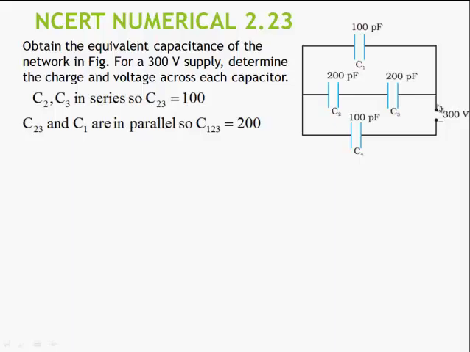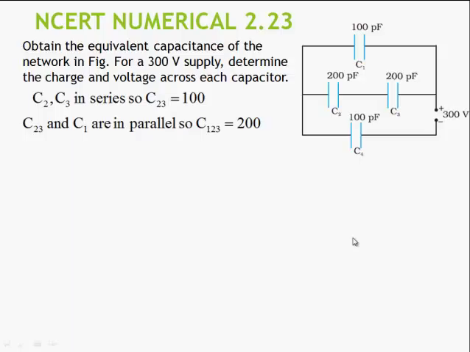Had this line been straight, these two would have been parallel. In another way, you can mentally take this negative terminal over here and make a straight line. So these two were in series, this in parallel, and this whole combination is in series with C4.